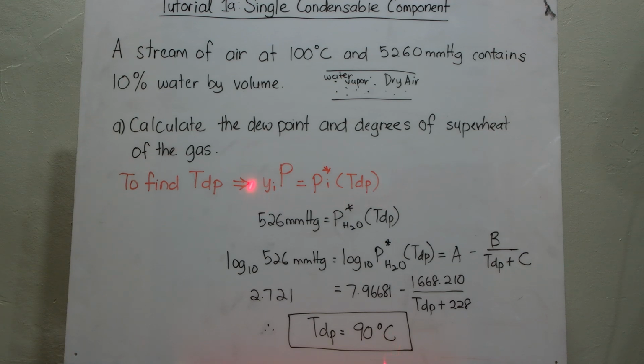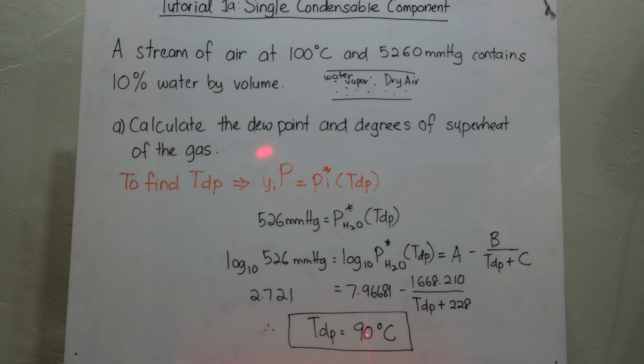To find saturated condition, this is the equation, because partial pressure must not exceed the vapor pressure of that pure component at the temperature of the system, right? So now we have to use this equation to find TDP, because the Antoine equation has temperature, which we can find.